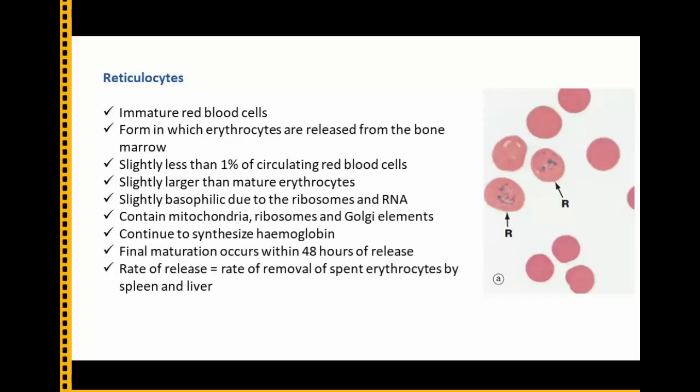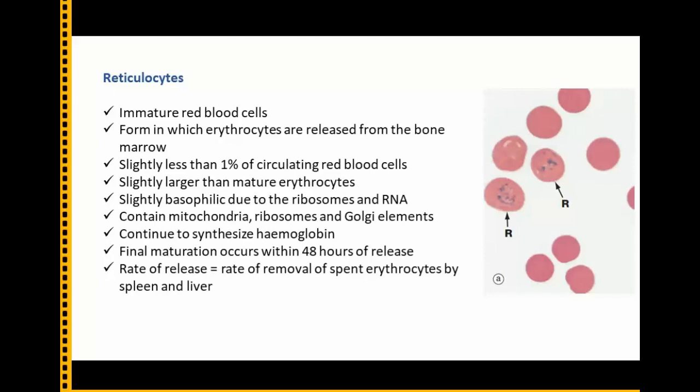They are larger than the mature red cells, and because they are immature, they have cell organelles, mitochondria, ribosomes, Golgi elements, and they have RNA. The mature red cells, these ones, don't have cell organelles. That is how reticulocytes and mature red cells are differentiated in a peripheral blood film.